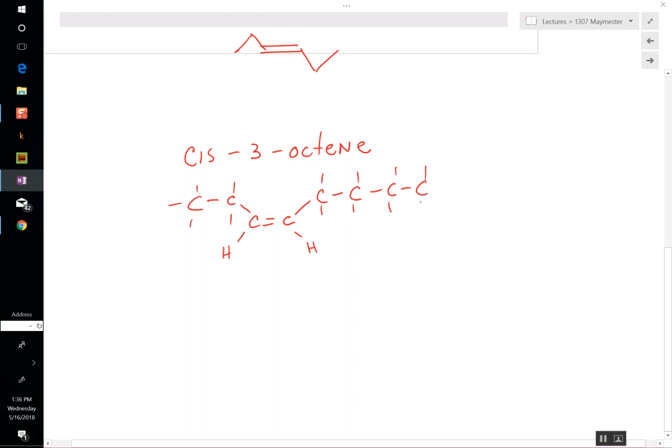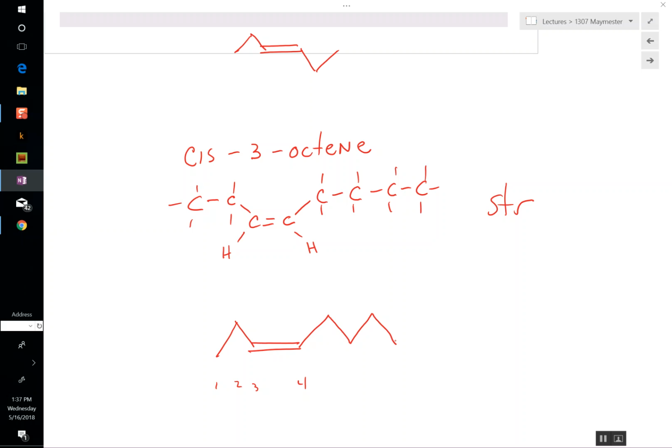So the rest, from the carbon with the double bond, is going to go up, and then from there it's going to go linear. In a structural formula, that's your structure. But in the line formula, that's 1, 2, 3, 4, 5, 6, 7, 8. You keep bending. You just put a bend in it after every carbon.